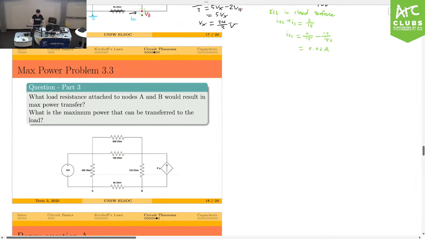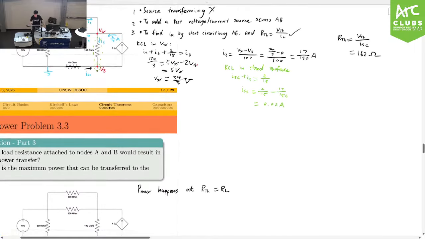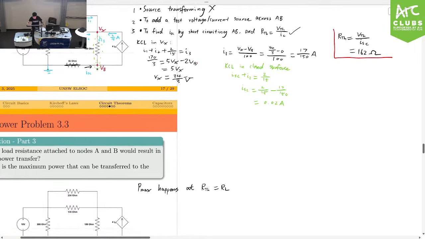The next one is probably the easiest one, which is finding maximum power transfer and the load resistance that will result in maximum power transfer. Remember, we have proven from AM-GM before that Pmax happens at RTH equals RL. And RL we have determined to be 162 ohms.